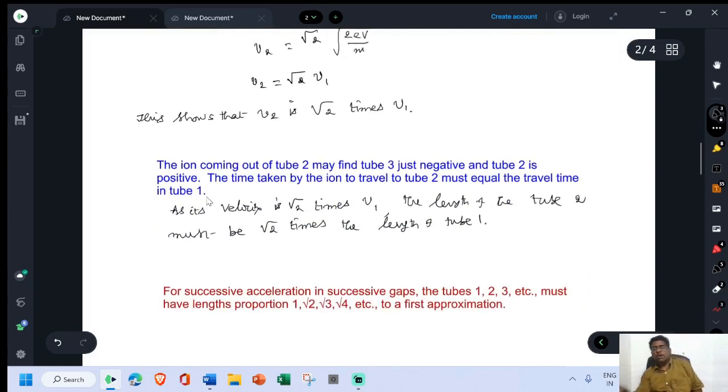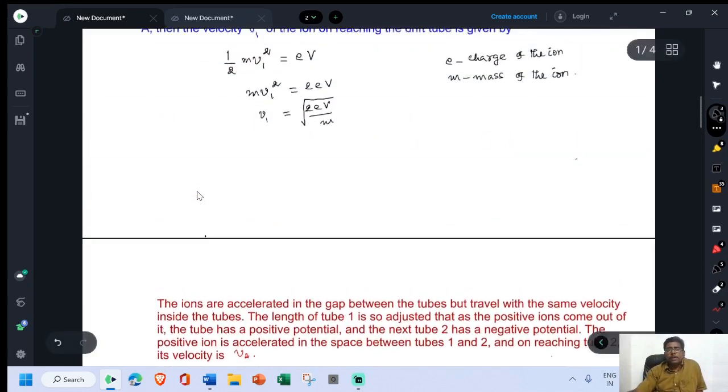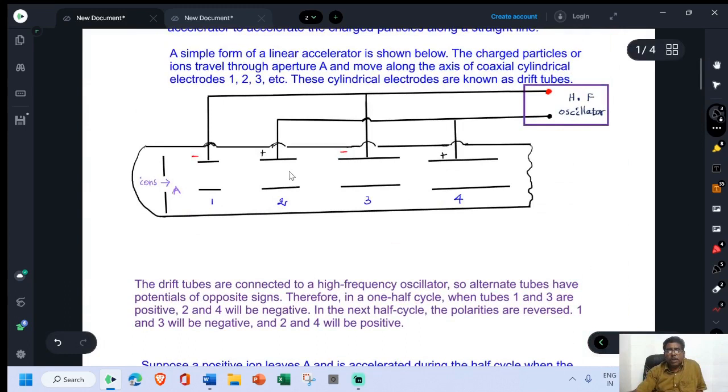The ion coming out of tube 2 finds tube 3 negative and tube 2 positive. See here, suppose the positive ion comes out of the second tube. The polarity of the tube 2 is changed to positive, whereas the polarity of the tube 3 is negative.